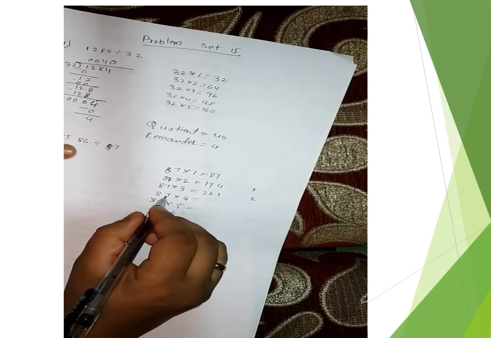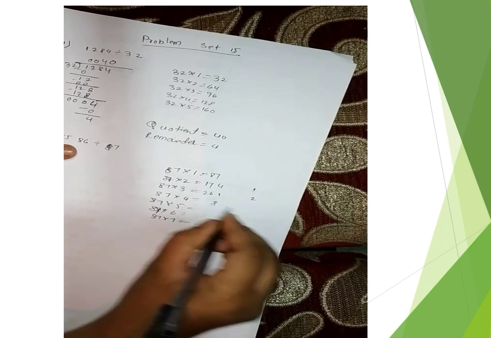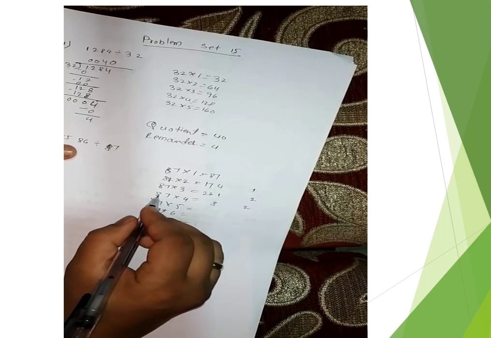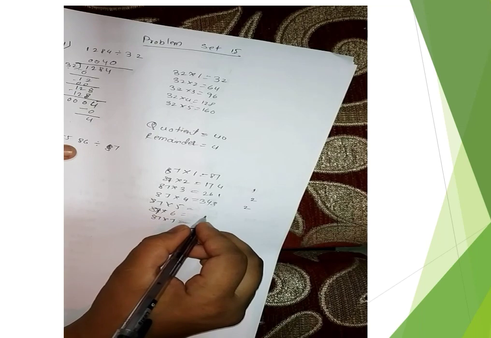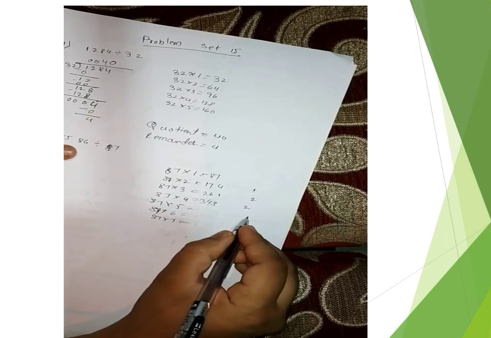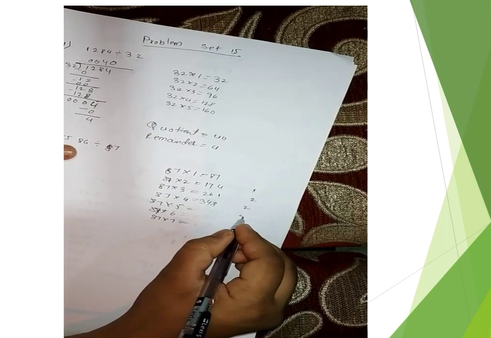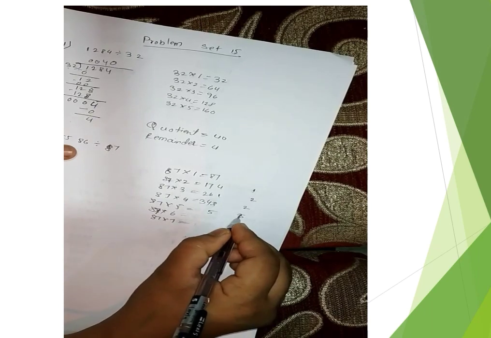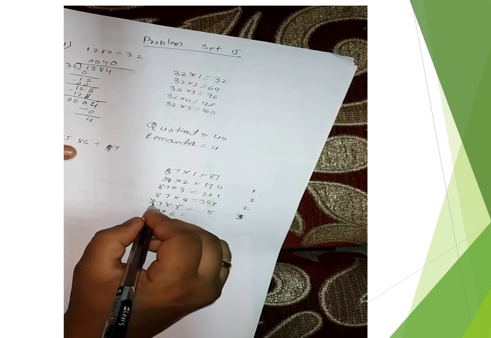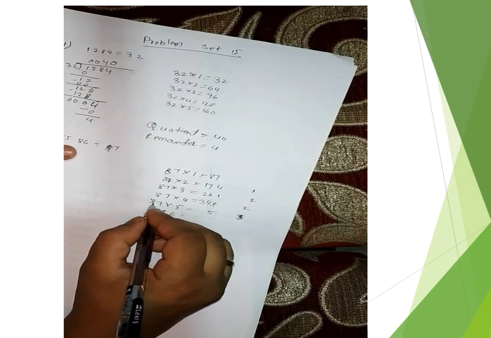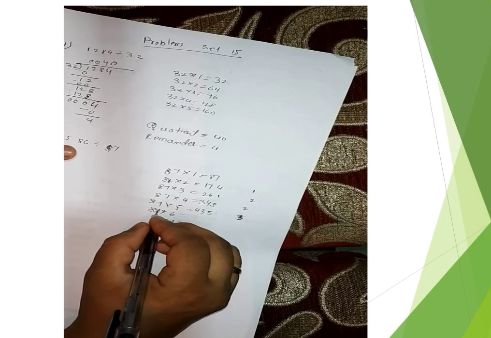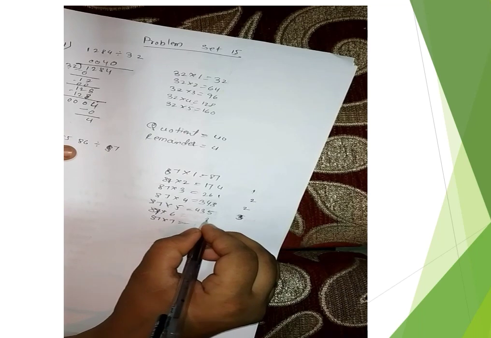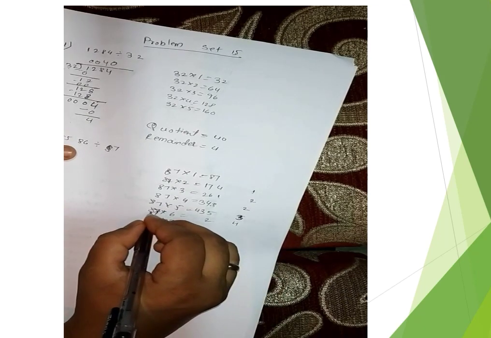Now 7 into 4 is 28, 2 carry. 8 into 4 is 32 plus 2 is 34. Then 5 into 7 is 35, so 5 write, 3 carry. 8 into 5 is 40 plus 3 is 43. 6 into 7 is 42, 4 carry.